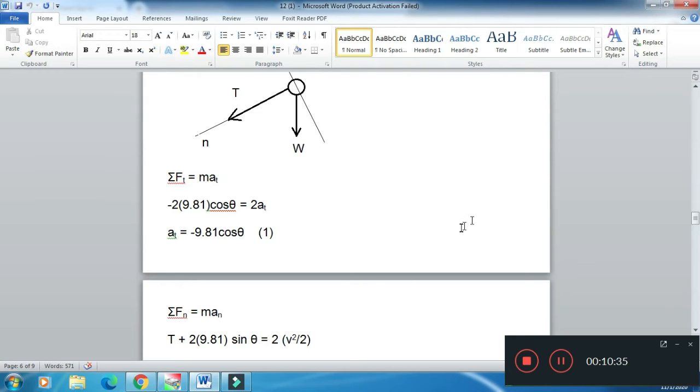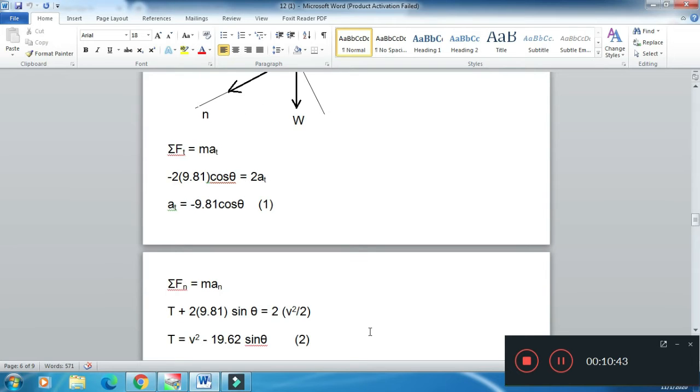Length of chord and radius of curvature are the same. So this is our equation number 2. In this equation we have three unknowns. Tension is unknown, velocity is unknown, and angle is unknown, but we have to find the tension when theta is 0 or 30. In that sense it is known.